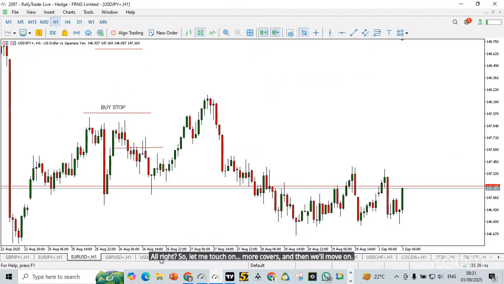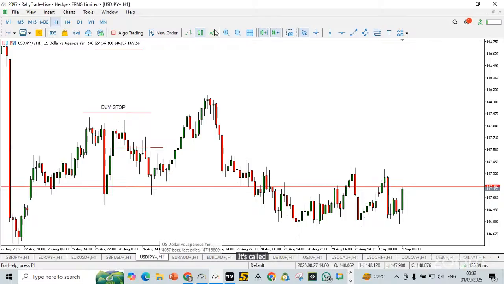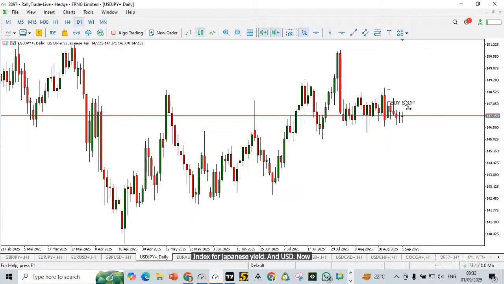Okay. Let me touch on USD JPY. All right. This is largely being moved by the index for Japanese yen and USD. Now, it has been consolidating for many days from the higher time frame. This is the daily time frame. This is what we call close range consolidation or tight consolidation.